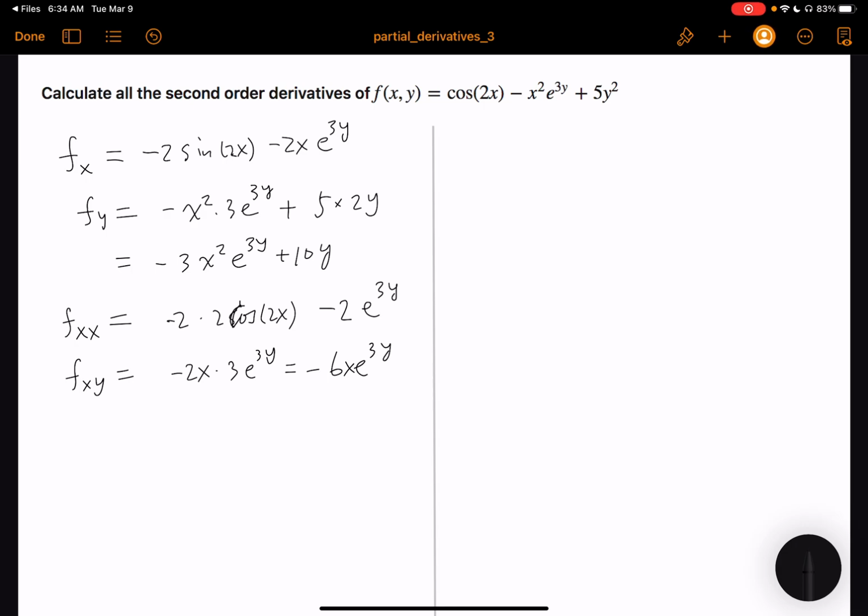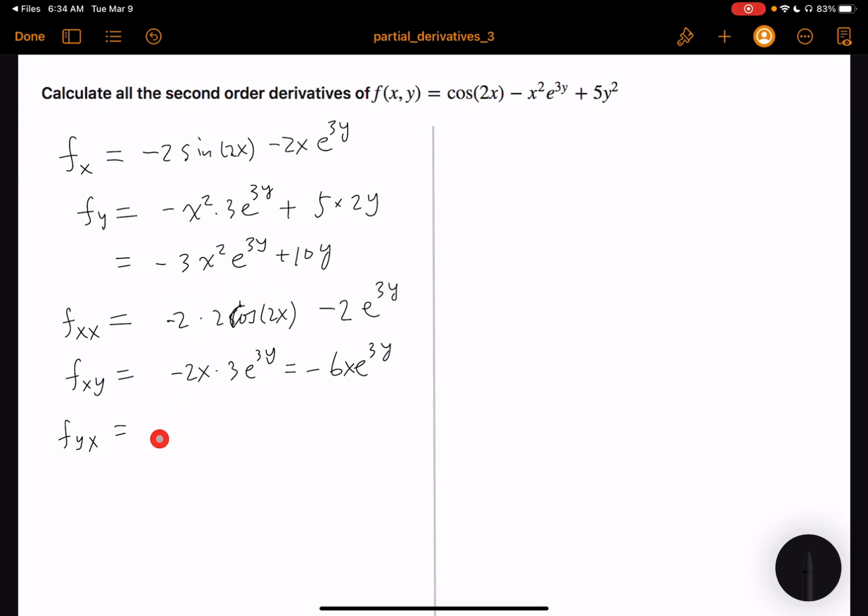Now let's look at the fyx. So we need to take a derivative of fy with respect to x. Again, because we're taking derivative with respect to x here, we're treating y as a constant.